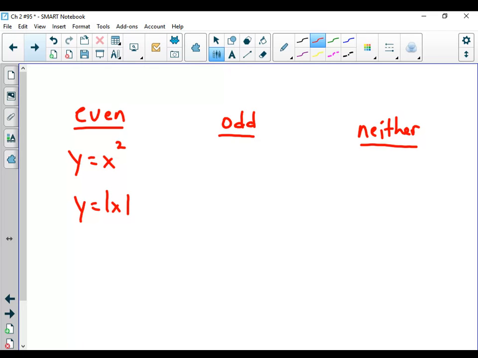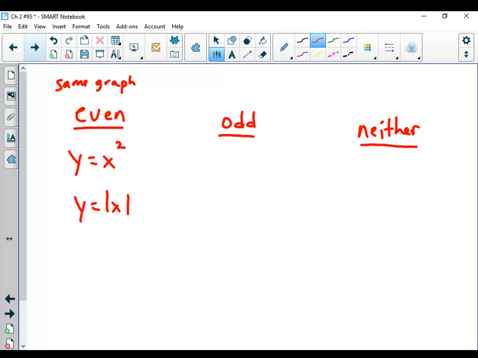And that's because when I reflected it, I got the same graph. So if you're asked, is this an even function? One way you can check that is you can graph the original one. You can graph the one where we put in the opposite of x, and you can see if you ended up with the exact same graph or not when you reflect it over the y-axis.